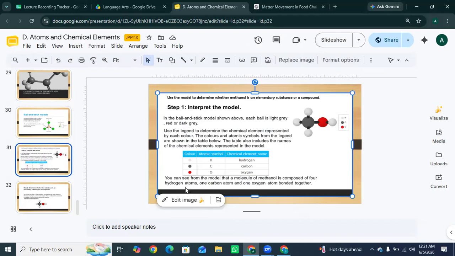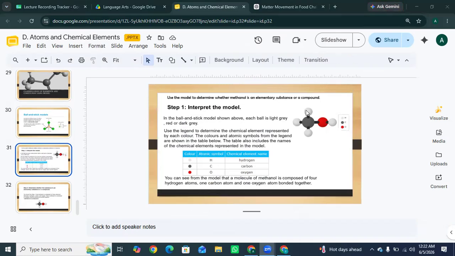You can see from the model that a molecule of methanol is composed of four hydrogen atoms, one carbon atom, and one oxygen atom bonded together, which is four hydrogen atoms. This one is carbon atom, and sorry, this one is oxygen atom, and this one is carbon atom. Okay.